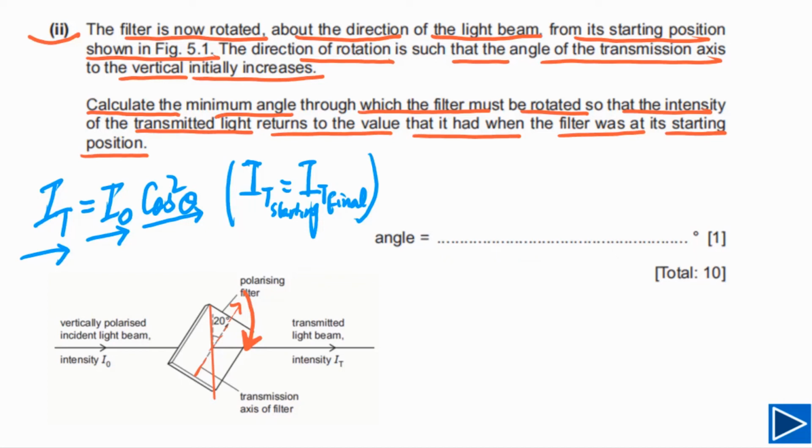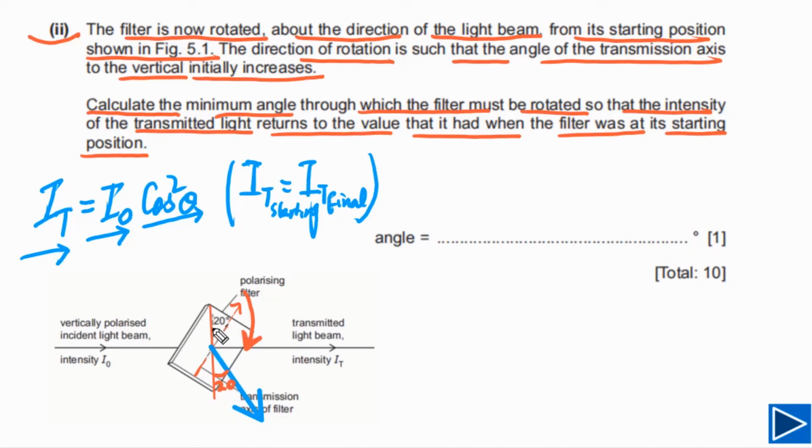In order to understand that one, let's look at this angle first of all. In this case, first of all, the angle between vertical and transmission axis is 20 degrees. Now we have to rotate this one clockwise so that the angle between vertical and transmission axis is again 20 degrees. So you can see here, if we rotate this one by this much, when this angle is again 20 degrees, it means the intensity of transmitted light again will be the same.